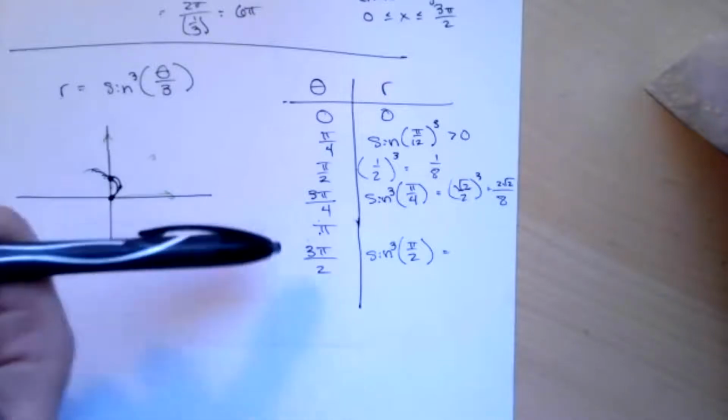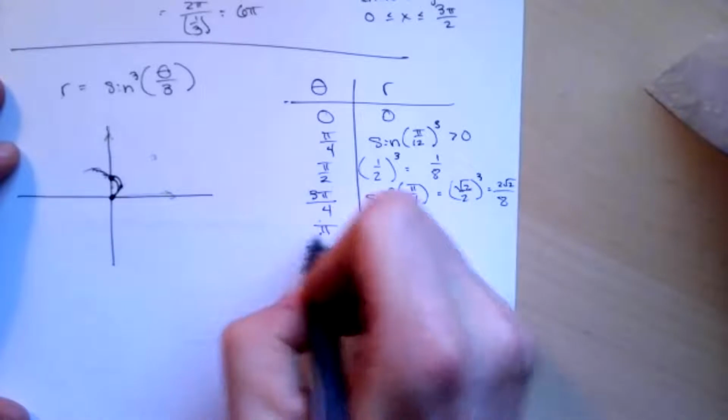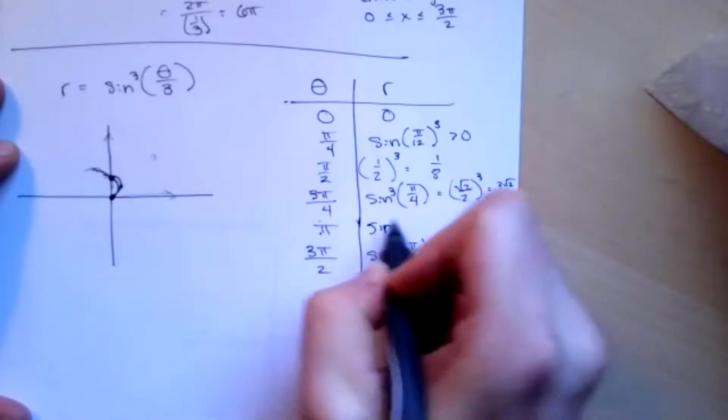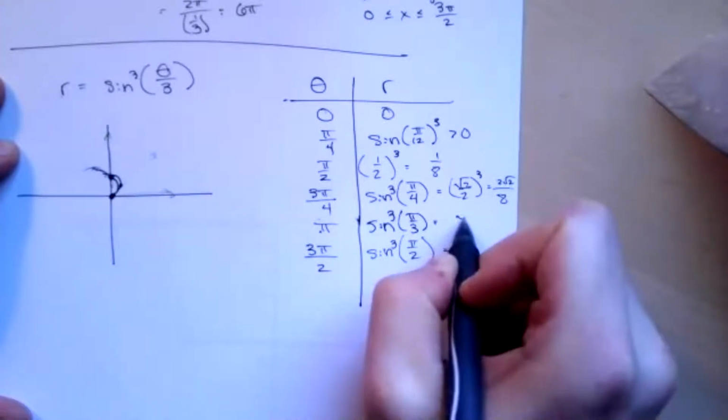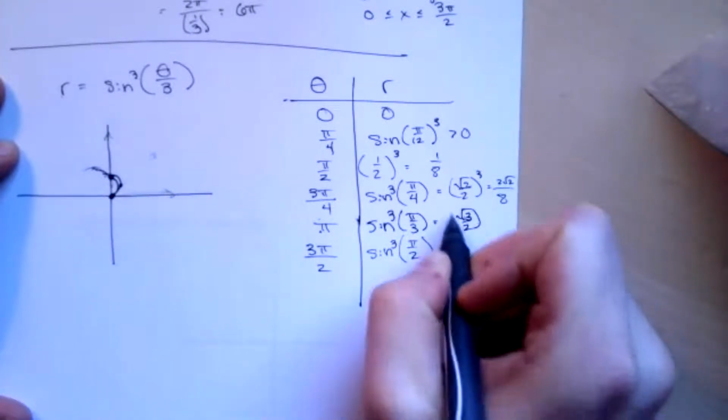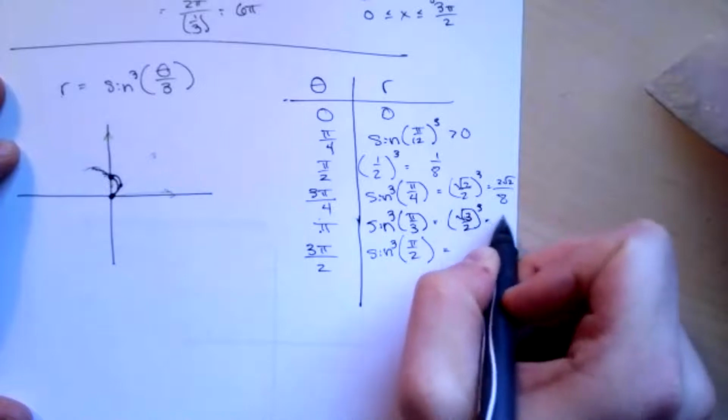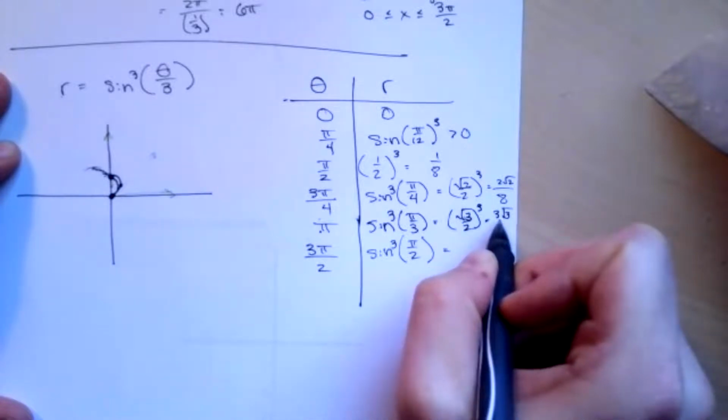No, because on the sheet you have pi, but since it's theta divided by 3, it's going to be pi over 3. Oh, that one. Yeah, I just skipped over that one. Yep, you can compute that one. So root 3 over 2 cubed. 3 root 3 over 8.